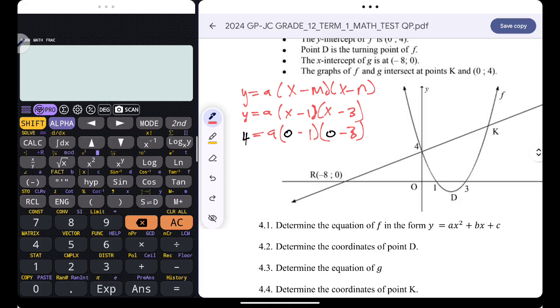Then all I have to do now is solve for a. On the left hand side I'll have 4, and on the right hand side I'll simply have 3a. I'll divide both sides by 3, so a is equal to 4 over 3.